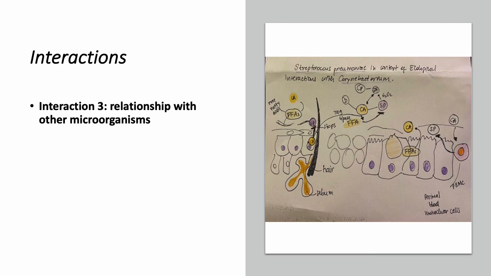And they also have a relationship with other microorganisms. Our nasopharynx is full of microorganisms, and scientists are trying to understand if this relationship can affect Streptococcus pneumoniae. And scientists found that there is an antagonistic relationship between Corynebacterium accolens and Streptococcus pneumoniae.